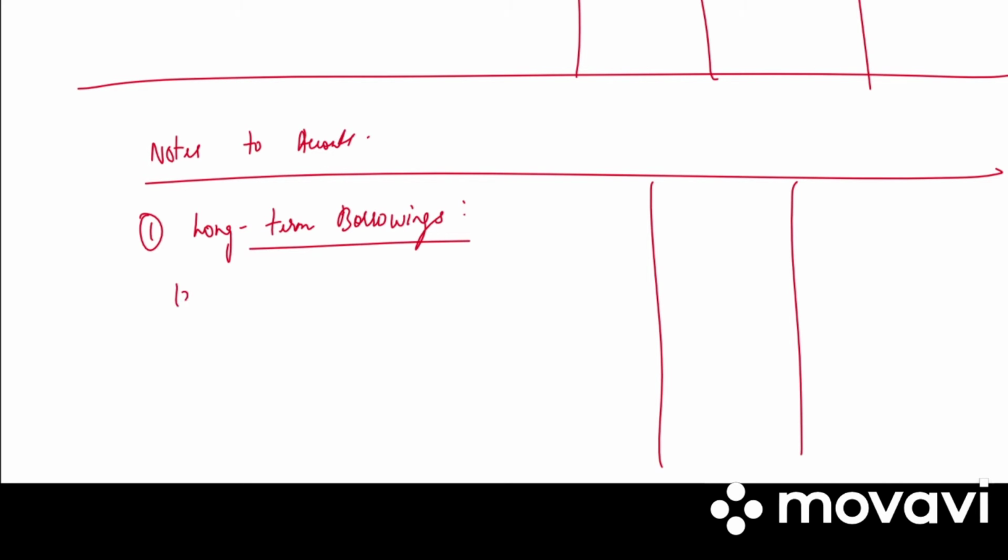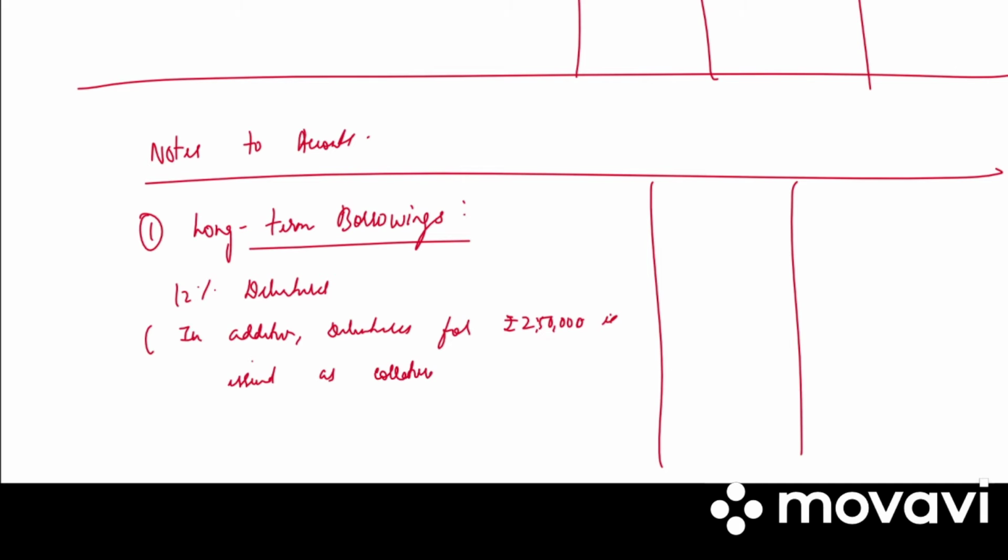Under that we have 12% debentures. In bracket you can write, in addition, debentures for rupees 2,50,000 is issued as collateral security.